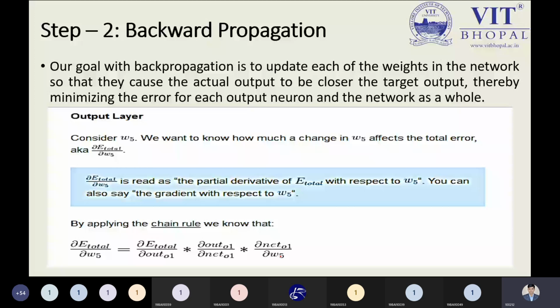This is a chain, and let us understand how we are getting this chain right now. Can anyone tell me how we are writing the partial derivative of E total with respect to W5 like this? With the help of the chain rule we are doing it, but how do we understand it?